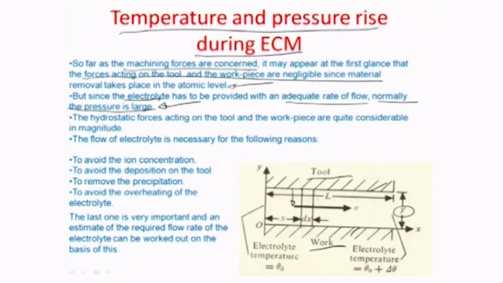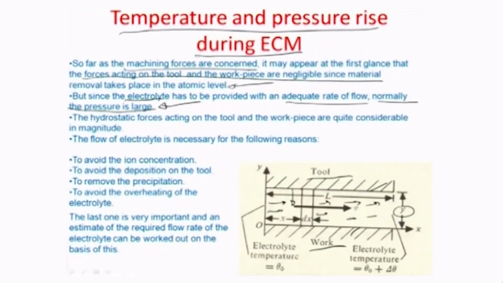So you should operate below the boiling point, and the heat dissipated by the current density because of ion transport of the fluid flow should be just enough to keep the operating temperature of the electrolyte below the boiling point, and therefore the flow of this electrolyte is definitely necessary for that.